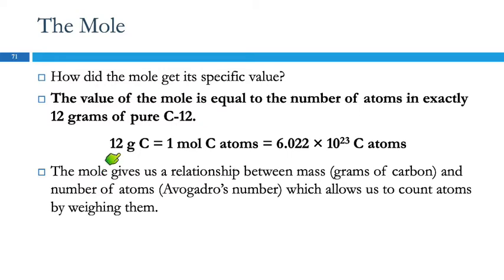So 12 grams of carbon is equal to 1 mole of carbon, which is equal to Avogadro's number of atoms. We often just use 4 significant figures on Avogadro's number. This gives us the relationship between mass, the grams of carbon, and the number of atoms, and allows us to count atoms by weighing them.